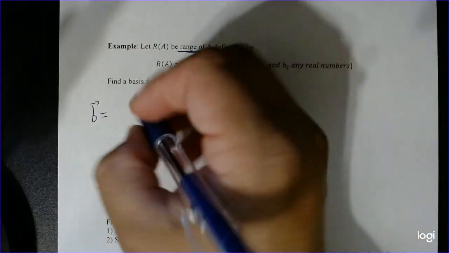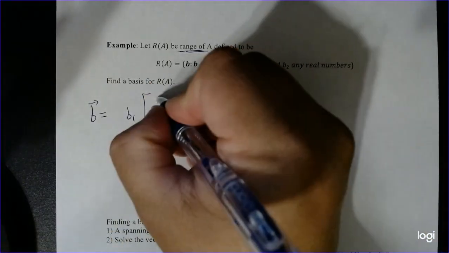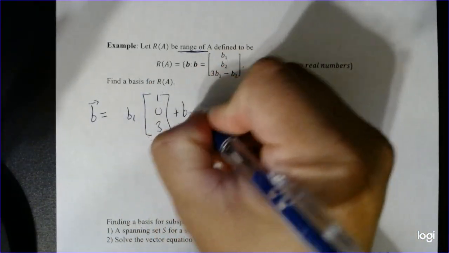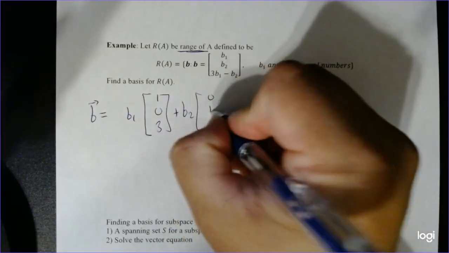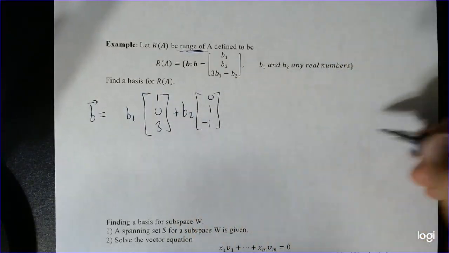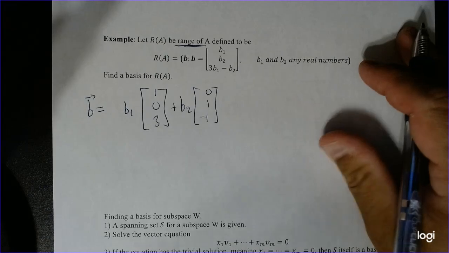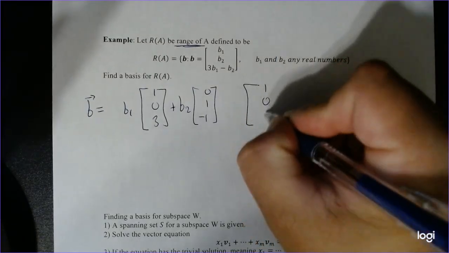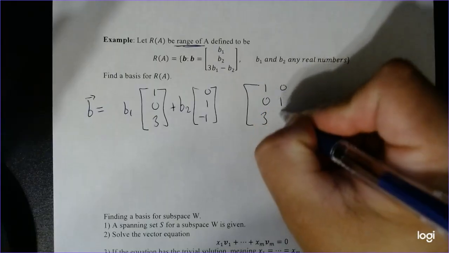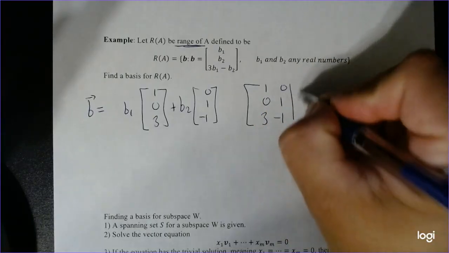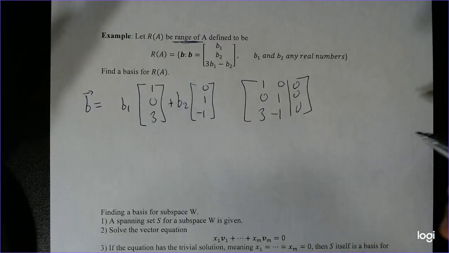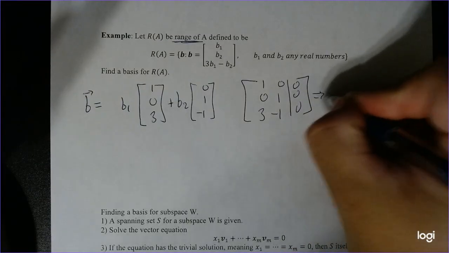All right, so B1 will be 1, 0, 3 plus B2 times 0, 1, negative 1. Okay, so our matrix we're going to be dealing with is 1, 0, 3, 0, 1, negative 1. And we're going to see if we have linear independence here, which is probably not going to happen, but we still got to check anyway, right? Okay, well, maybe so, maybe not, right?